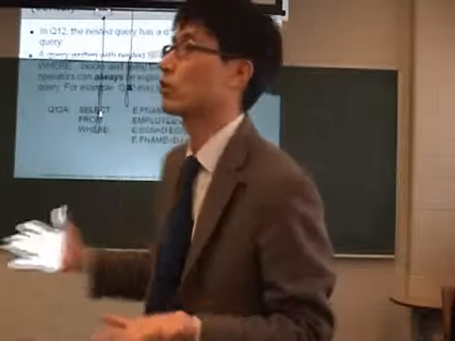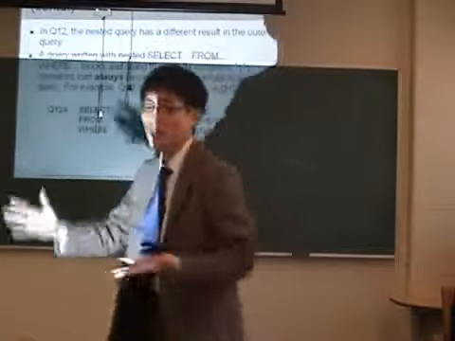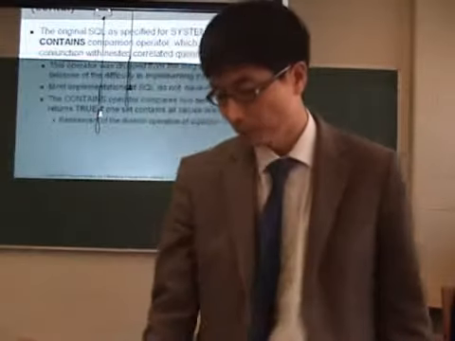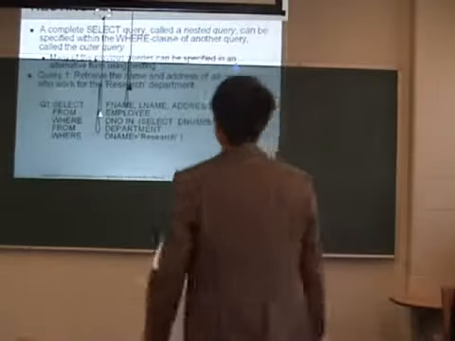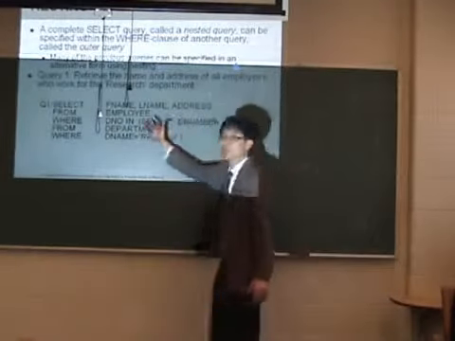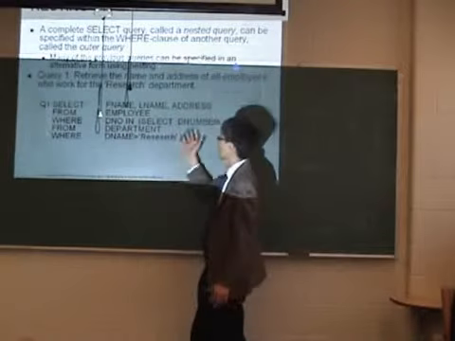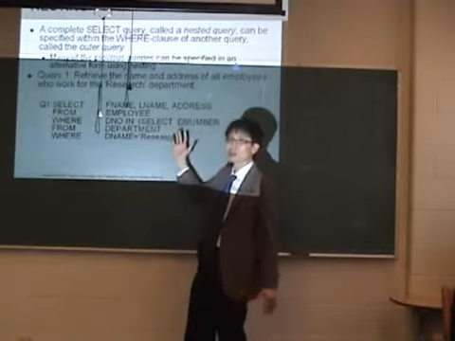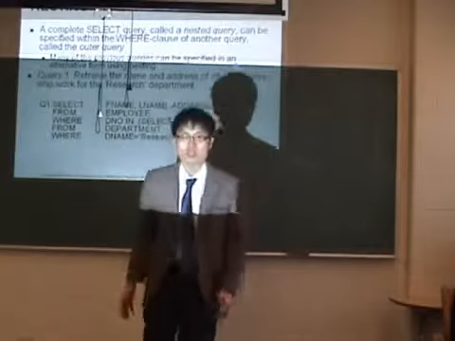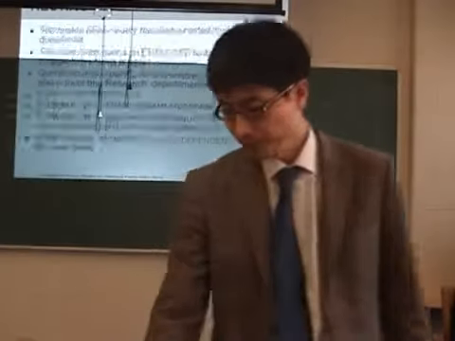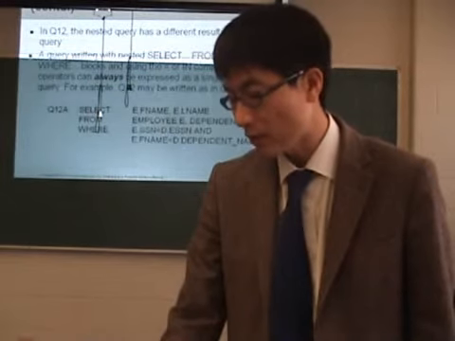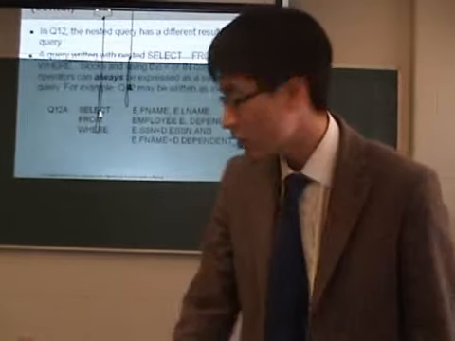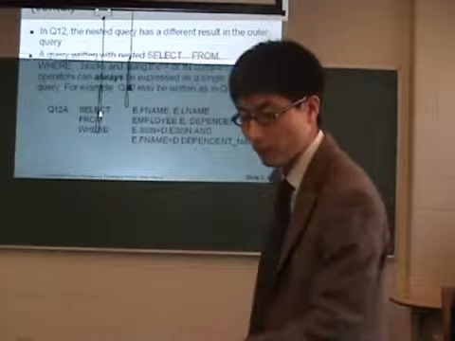However, sometimes you'd better use the nested query. For example, depending on the input of the user application, I can get this part, or sometimes not. At that time, you can use such a nested query. You can get exactly the same output as the one based on the join operation.